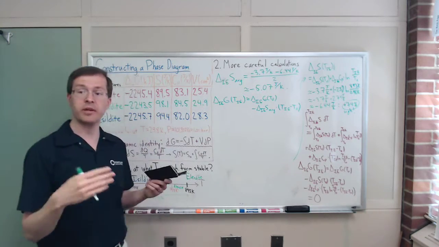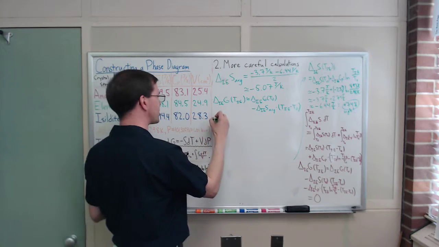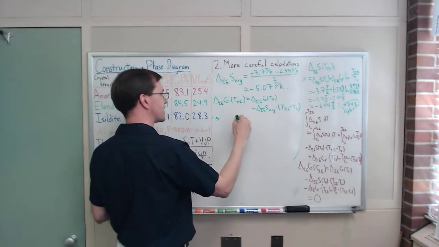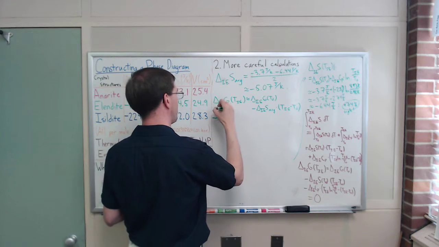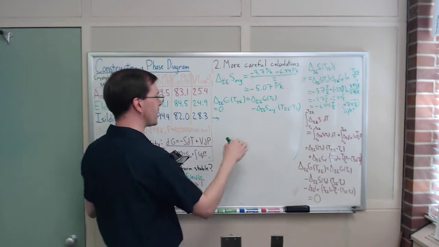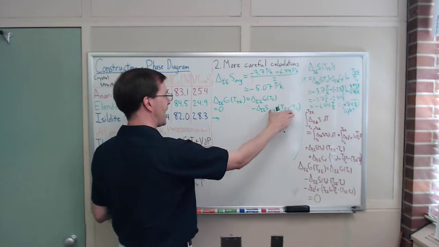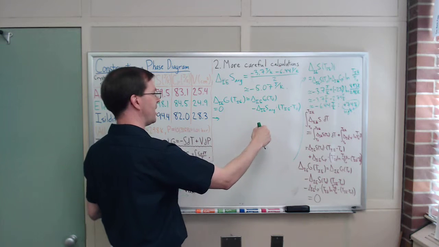That was assuming a constant, and I can solve that the way I did before. I remember that this whole thing has to equal 0 at the phase boundary, so I can add this to the other side, divide by the delta S, and add T naught.